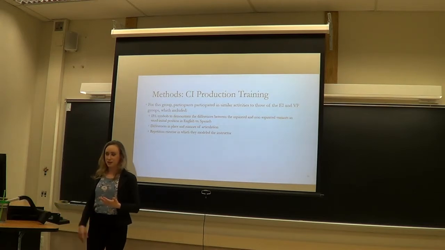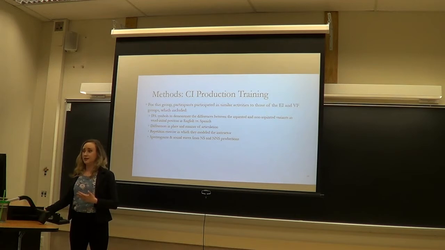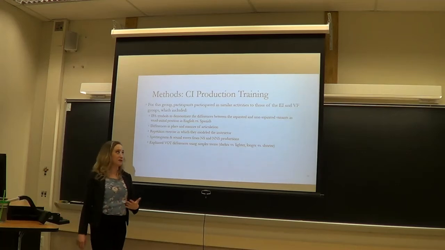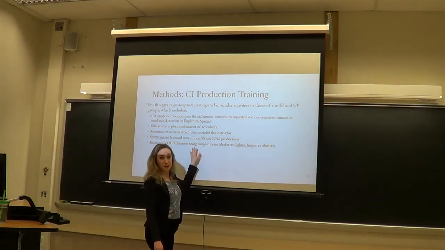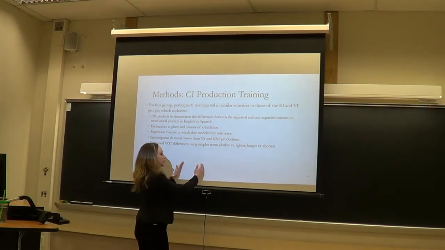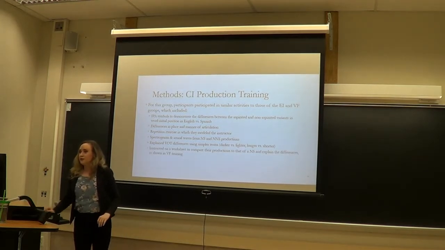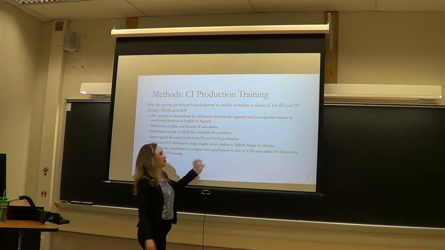They did a repetition exercise modeled by the instructor. They looked at spectrograms and sound waves of native speakers and non-native speakers. And they were also explained the differences in voice onset time using simple terms like, look at this part, is it darker or lighter, and can you see longer, shorter. They also worked on a worksheet that instructed them how to compare their productions to a native speaker.